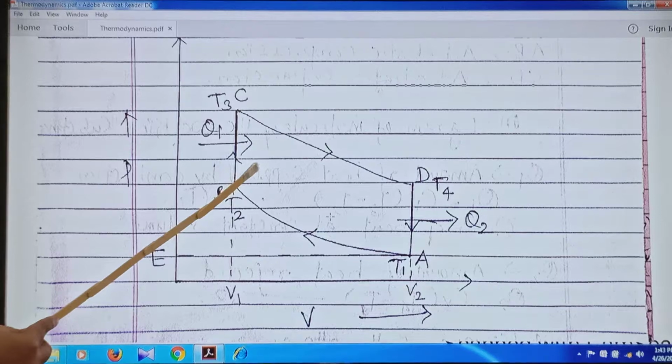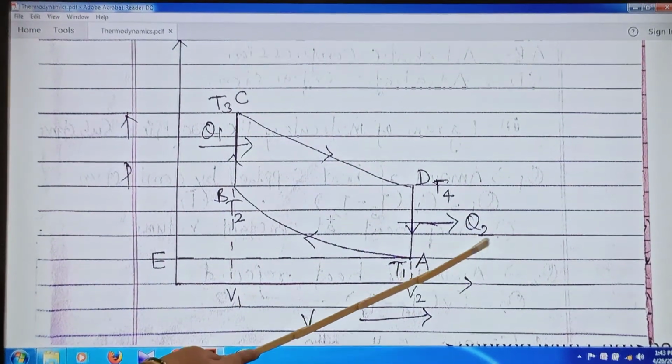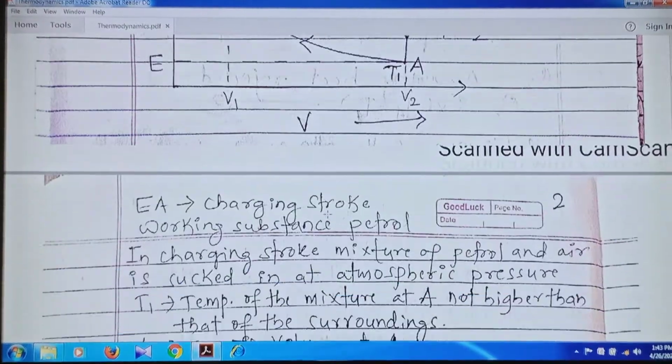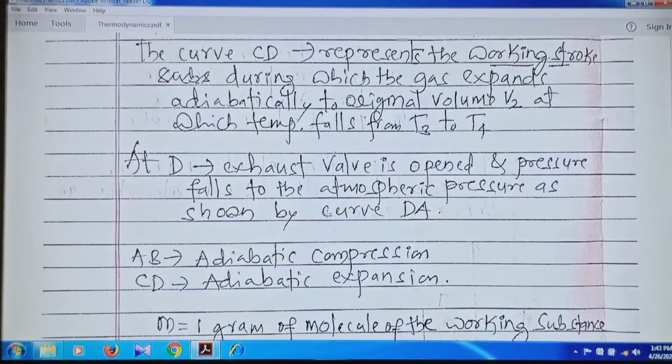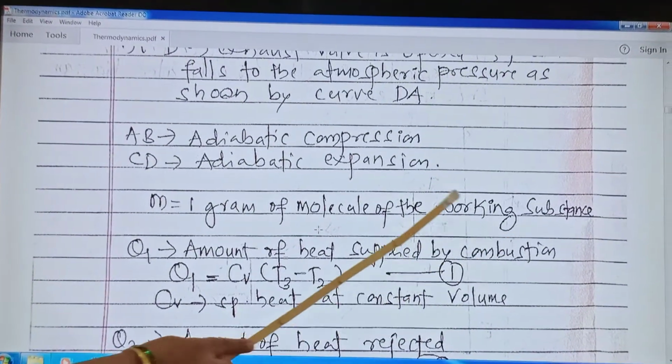Q1 amount of heat is absorbed and Q2 amount of heat is rejected. Let us take M equal to 1 gram molecule of the working substance.